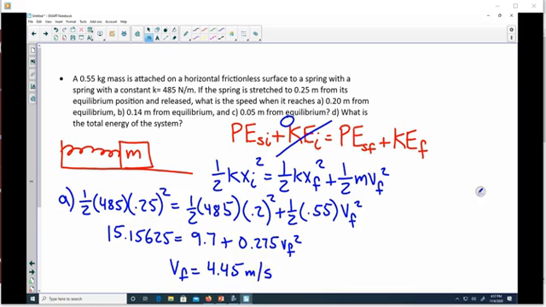For part B and part C, the equation is exactly the same. We're simply going to replace the 0.2 with 0.14 or 0.05 and then solve the problem again.